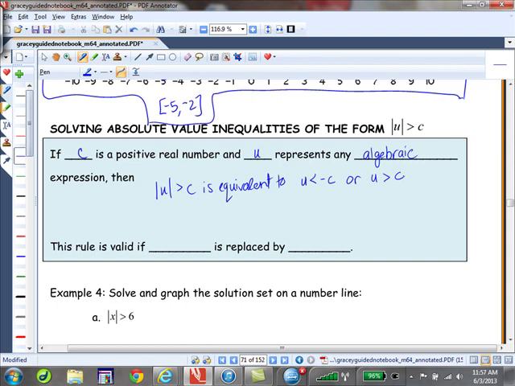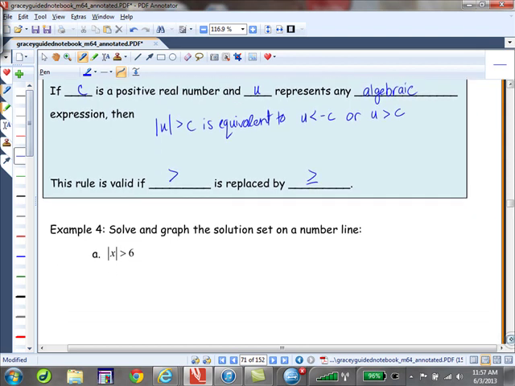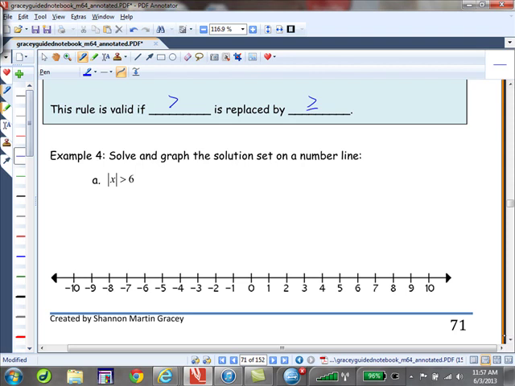So this is the situation where we're going to get the tails of the line for most of the problems. The rule is also valid if the greater than is replaced by a greater than or equal to, which is what that little line underneath means.